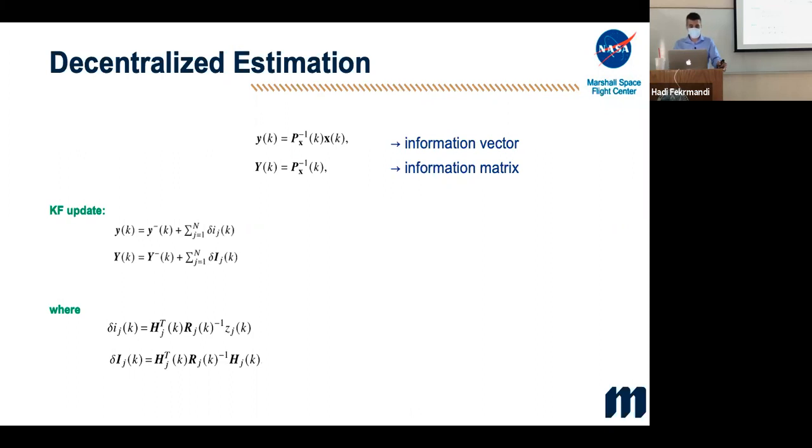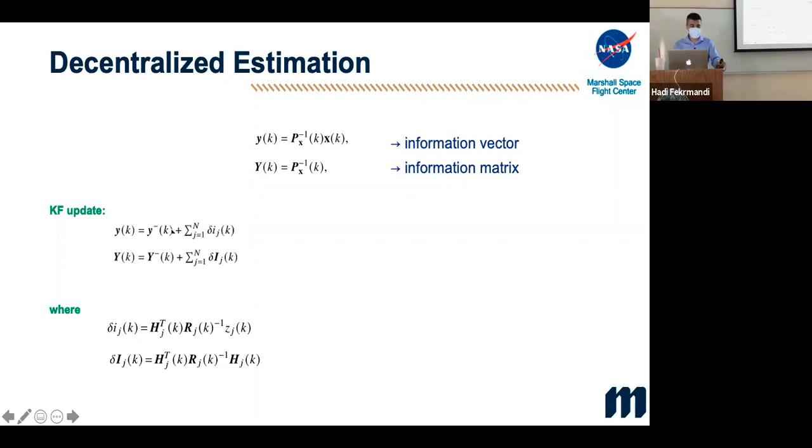The information matrix is the inverse of the covariance, and the information vector is the inverse of the covariance multiplied with the state. That's the lowercase y, and the capital Y is the information matrix. So here we have the basics that it is going to be used.